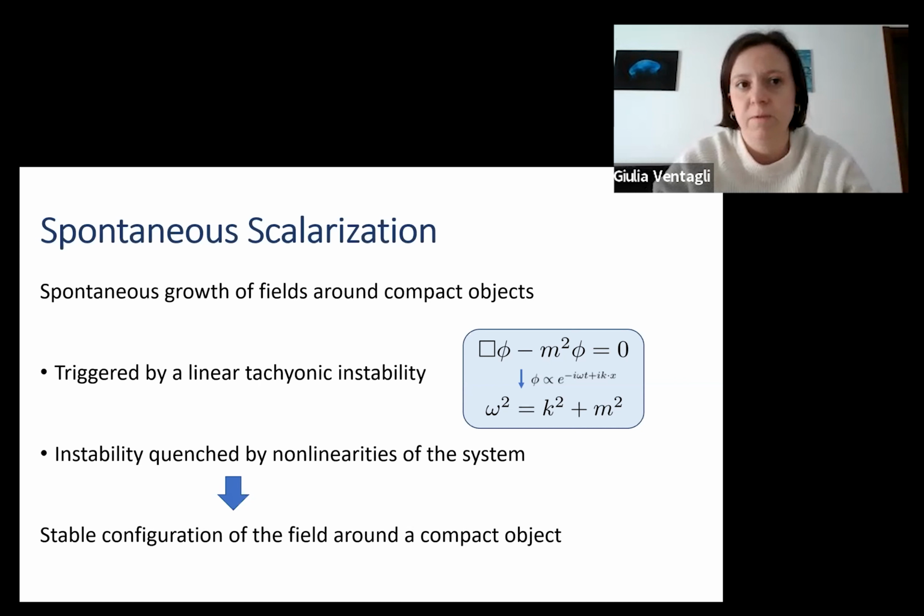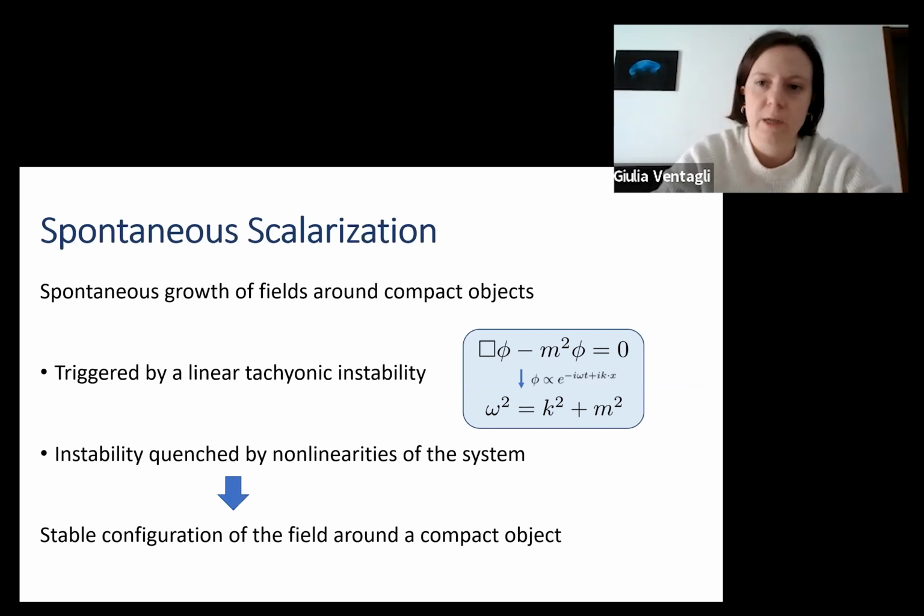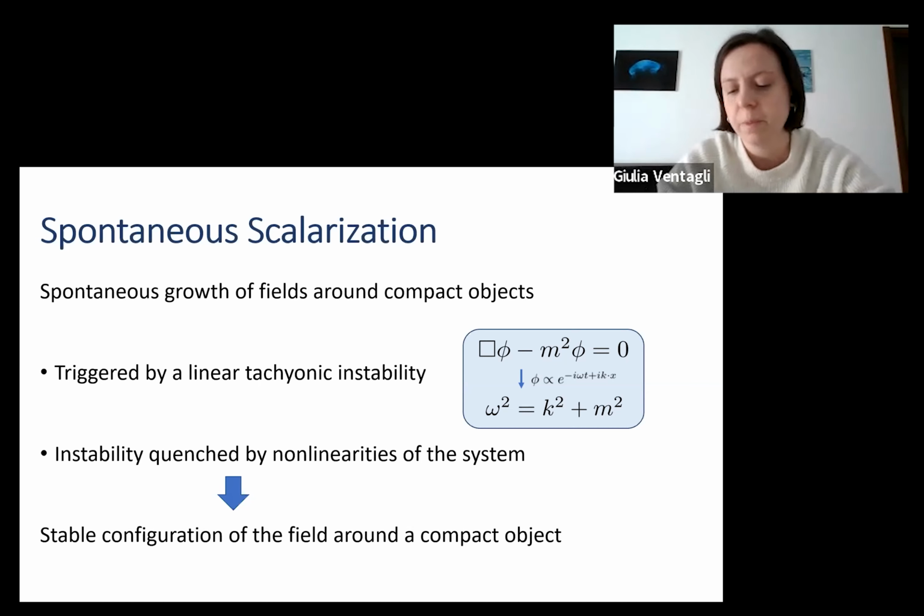So the theory that is affected by spontaneous scalarization effectively has two branches of solutions: the GR branch and the scalarized branch. The transition between the two branches happens when a certain threshold is crossed, and usually it is a threshold in compactness or in curvature.